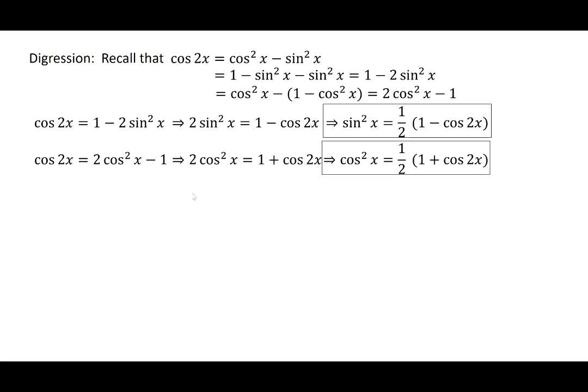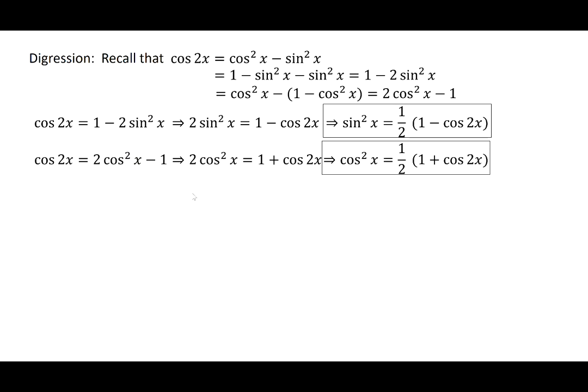Why did we need this? Why did we digress and talk about this? I told you that the only remaining case for us is the integral of sine to the mx cosine to the nx dx. We looked at cosine being an odd power, then sine being an odd power, but what if neither is odd? That is, both cosine and sine are even powers.